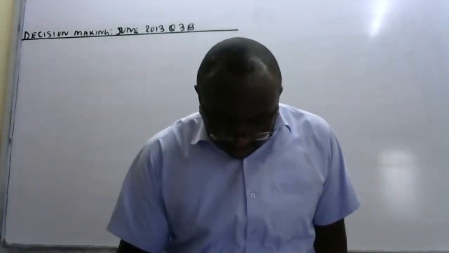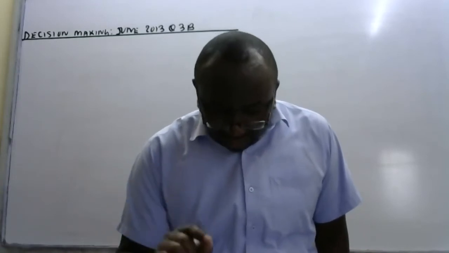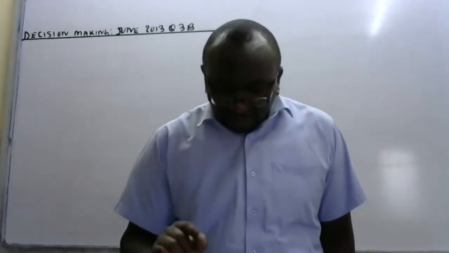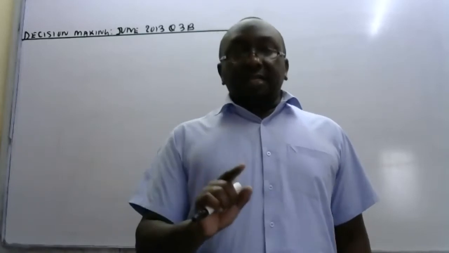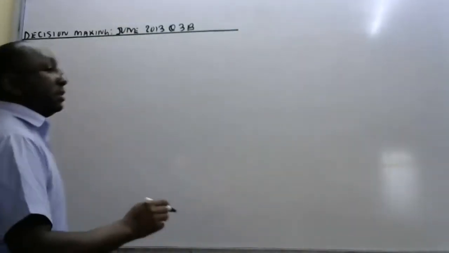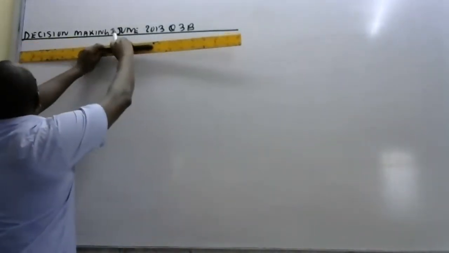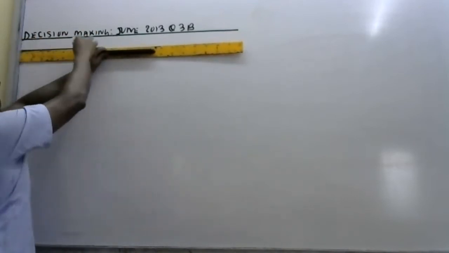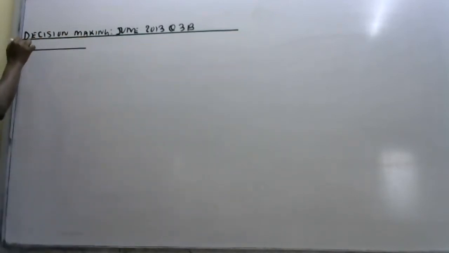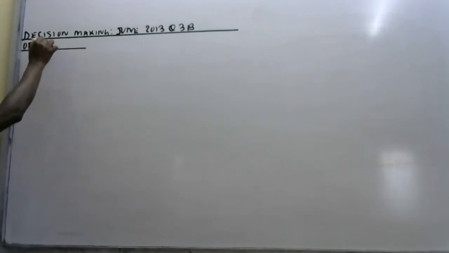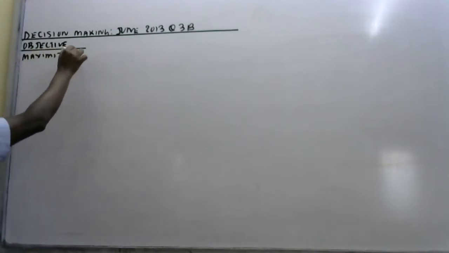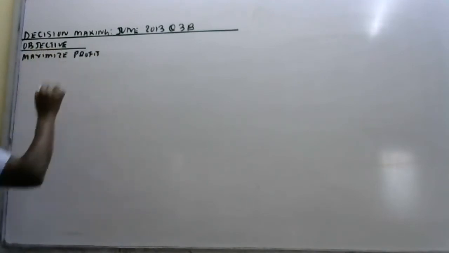Now, this company, which is trying to launch new products, they are obviously going to maximize profits. So the first step is to know the objective of the question. The objective is to maximize profit.